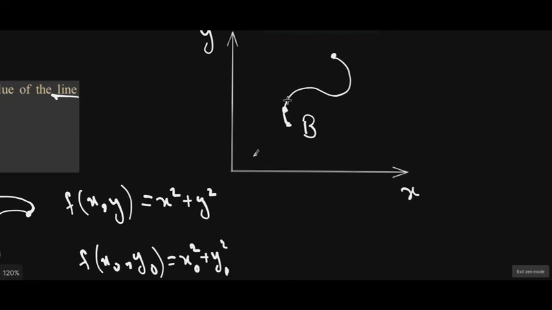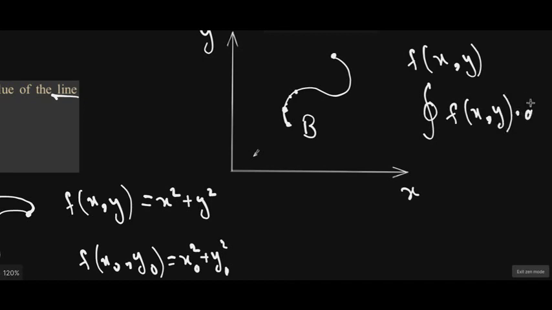Now if we add up the functions f of x and y at every point, here and then here and then here and then here, then what we do is we actually integrate it throughout the line. We integrate f of x and y as we move a very small distance dr, and here we have done a dot product.